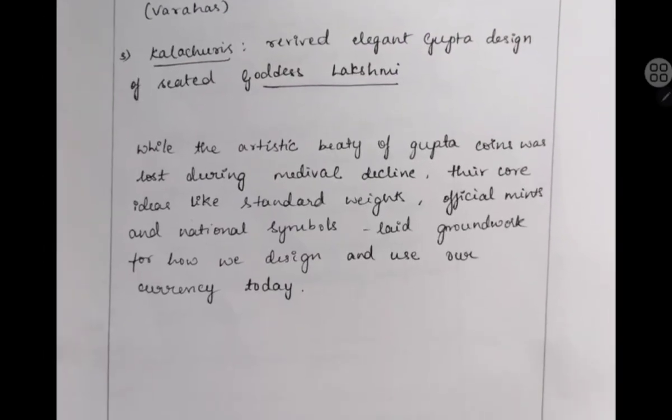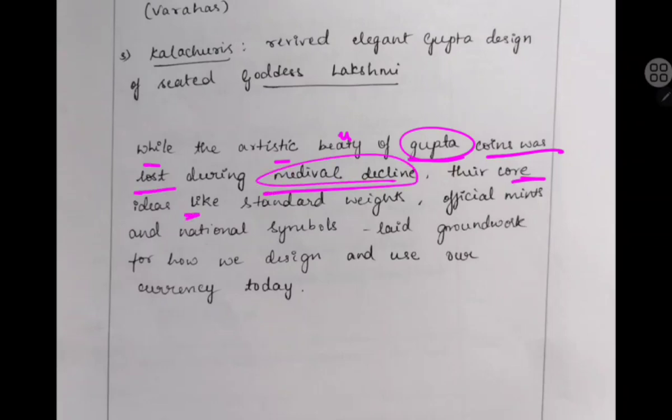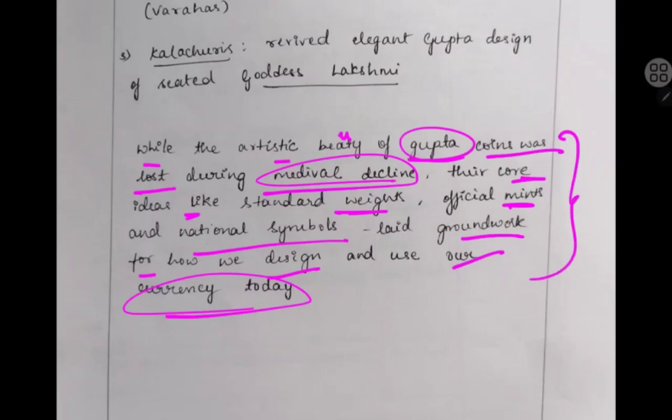In conclusion, see here, while the artistic beauty of the Gupta gold coins was lost during the medieval decline, their core ideas like standard weights, official mints, and national symbols laid the groundwork for how we design and use our currency today. In the conclusion, you have to always have this mindset.